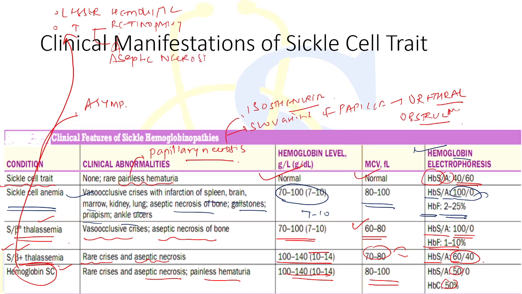So in contrast to frank sickle cell anemia, it is lesser hemolytic and has increased propensity to develop retinopathy as compared to sickle cell disease and also aseptic necrosis.